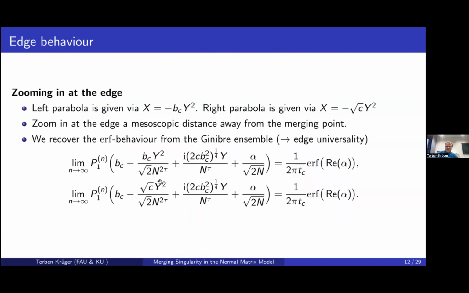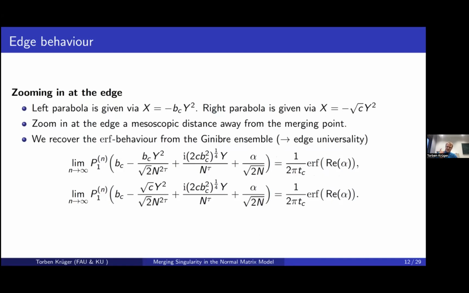So this is just an edge point, and this is another edge point. And then if you rescale on the 1 over square root of n scale, which is the typical particle spacing scale, then you can even recover the error function behavior here, which is the same behavior that you would get if you would rescale the Ginibre ensemble at an edge point. And then you would ask the question of how the density looks like locally.